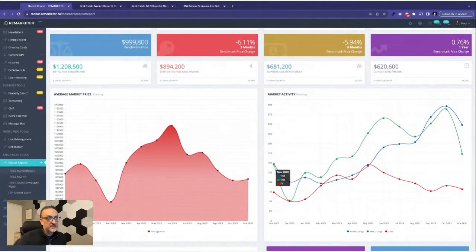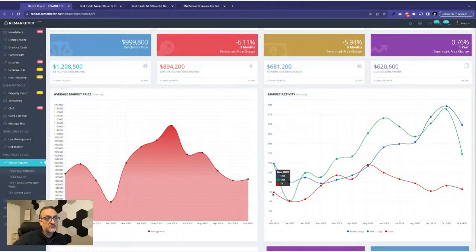So we had 148 properties active in November of 2022, but in November of 2023, we have 248 properties that are active in the market. So you can see that there's a huge increase here. So there was much less inventory back in 2022 compared to the inventory that we have today in November of 2023. So that's a big indication of how the situation of the market is right now.